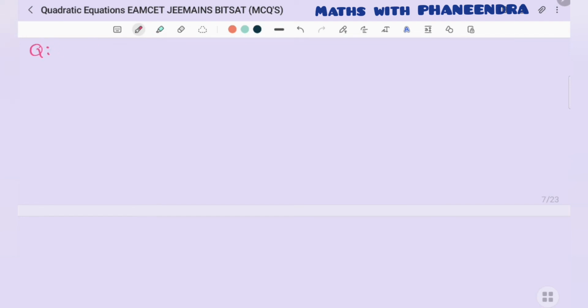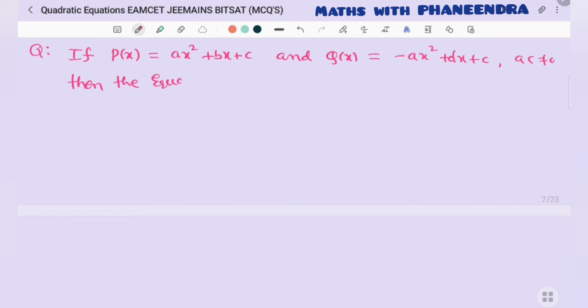So based on this one question, if p of x is equal to ax square plus bx plus c and q of x is equal to minus ax square plus dx plus c, where ac is not equal to 0, then the equation p of x into q of x is equal to 0 has integer type questions, means roots like this. No need to write options here because this is an integer type question.